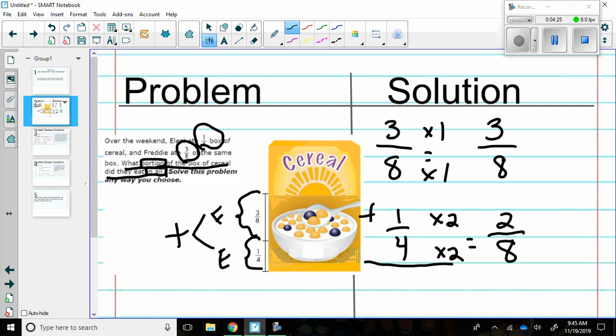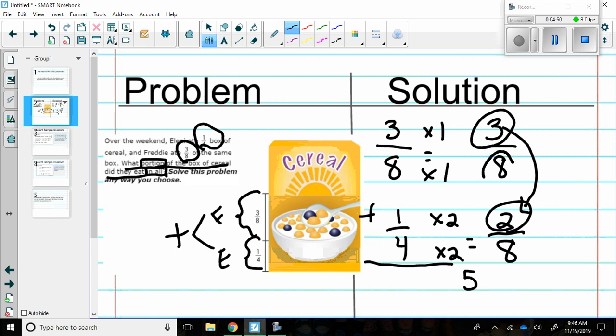Now I can add my fractions. I have 3 plus 2. I'm going to add my numerators first. I'm going to take 3 plus 2 and get 5. Now, knowing with addition, the rule is you do not add the denominators together, but since they are both the same, we leave them the same.